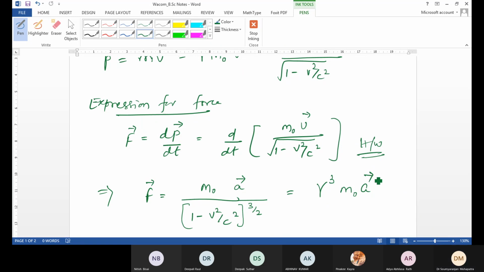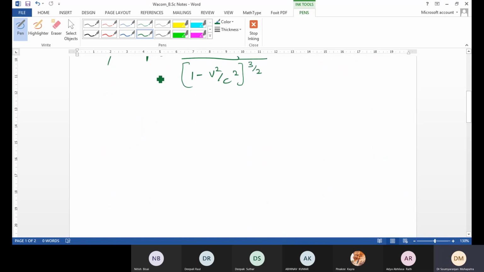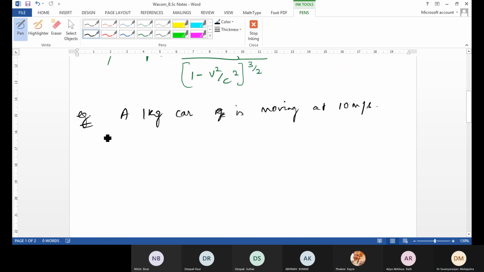Okay, I'll take a small example. Try to solve this one. The question is, a 1 kg car is moving at 10 meter per second.